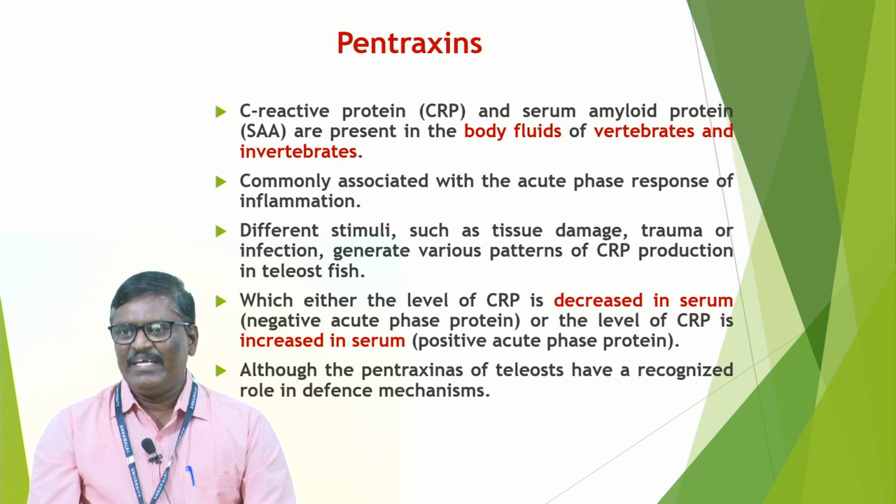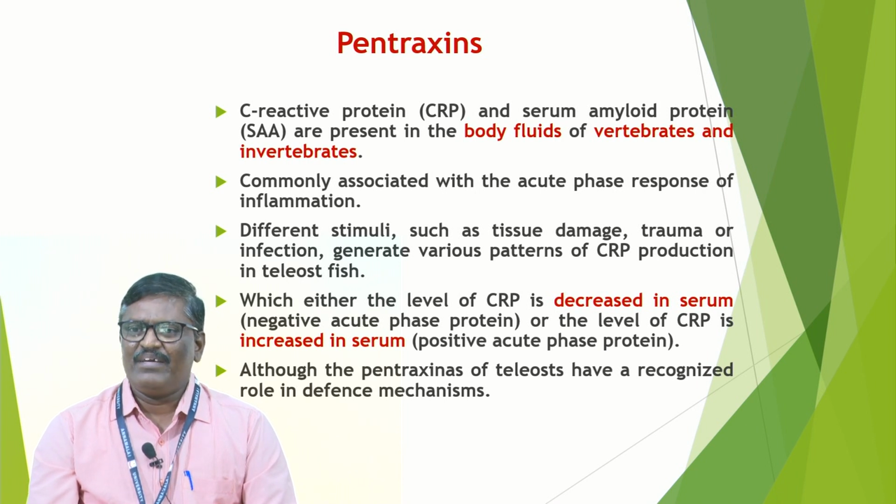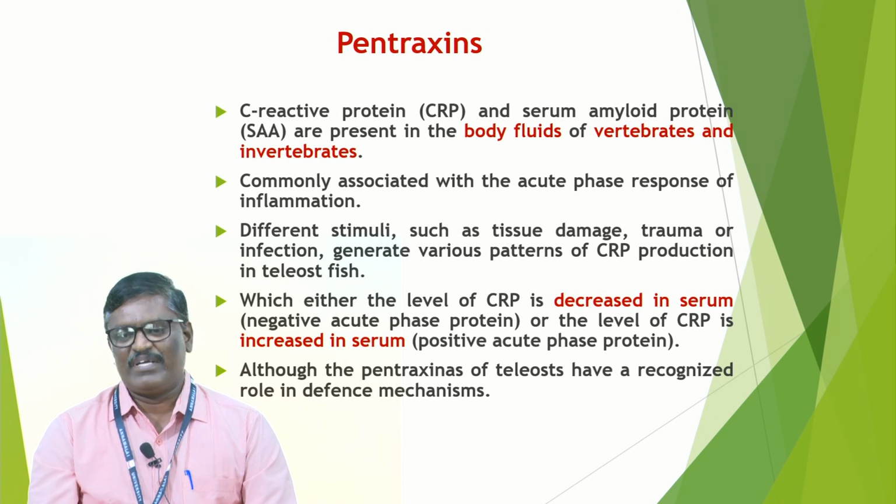If it decreases in the serum, it is a negative acute phase protein, and if the level of CRP increases in serum, it is a positive acute phase protein. Although the pentraxin in teleosts has a recognized role in defense mechanism.